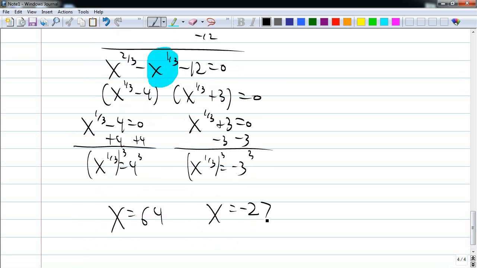Two answers. Okay, guys, I'm treating this exactly like it's a quadratic. It's just at the end I have a little more work to do because I have to use whatever my middle variable is in my answer.